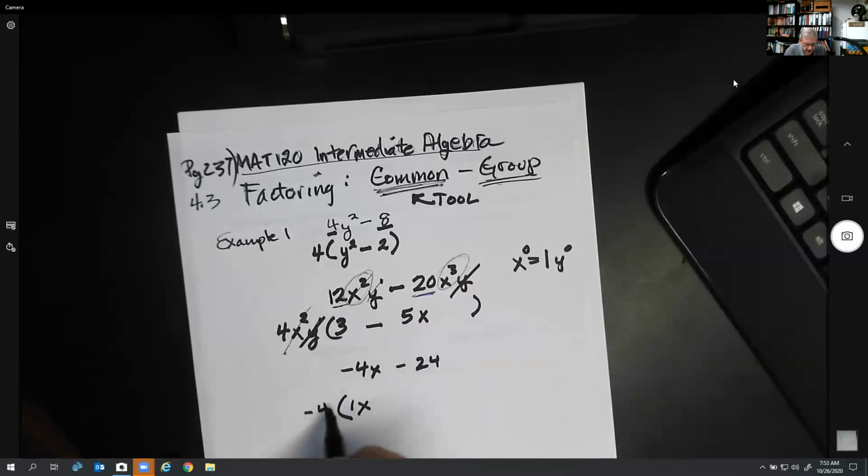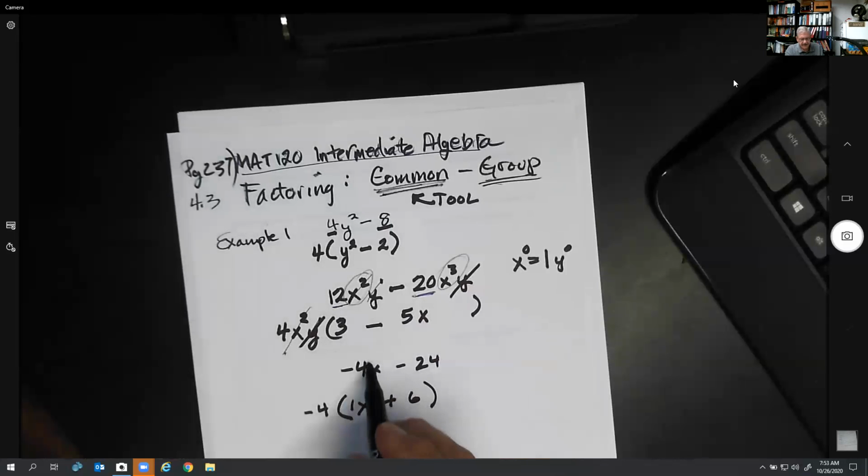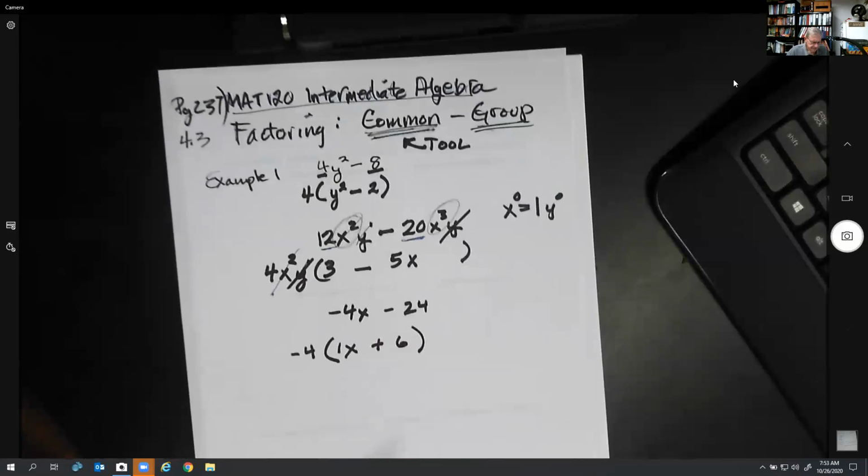And negative 4 times a what? Positive 6 would give me a negative 24. So if I factor out a negative 4, these signs are going to change from negative to positive. But we usually like this parentheses to be positive.